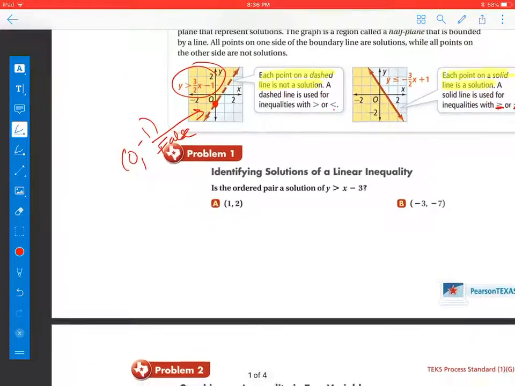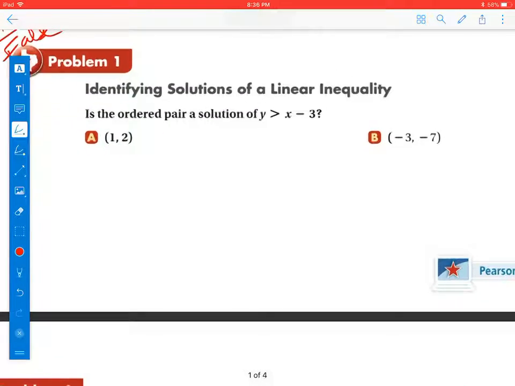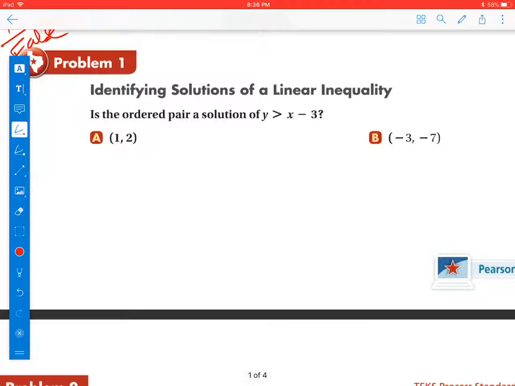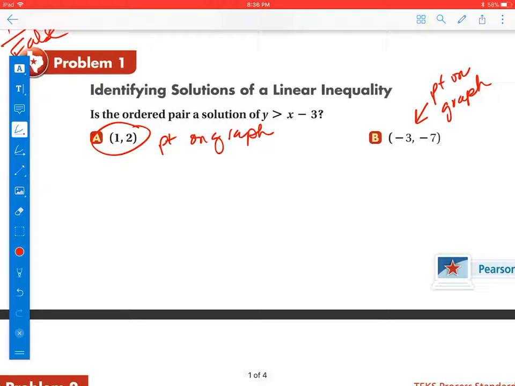All right. Now, I'm going to just real quick talk about problem number 1 here, in terms of identifying whether or not an ordered pair, or a point, is a solution. Okay, this 1, 2 represents a point on the graph. This also here represents a point on the graph.